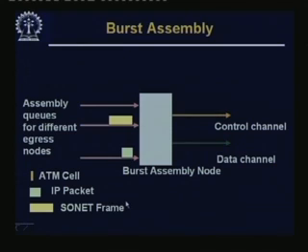So, this is a diagram, say, of assembly queues for different egress nodes. This is an ATM cell, IP packet or a sonnet frame. So, we have an IP packet over here, we have maybe a sonnet frame over there.